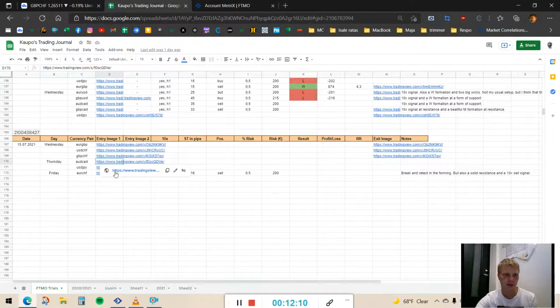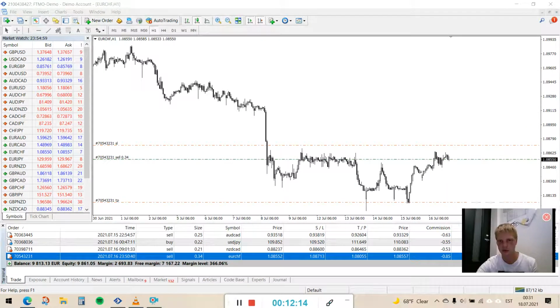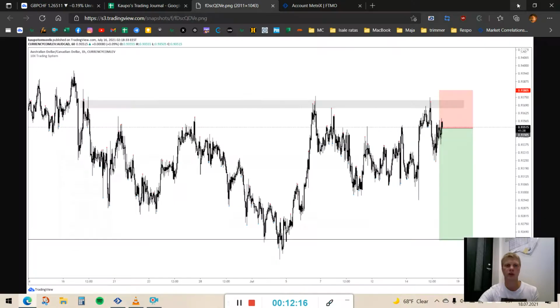And these 3 trades I'm actually in right now, so let's see how they are working out. I'll talk when I get to it.